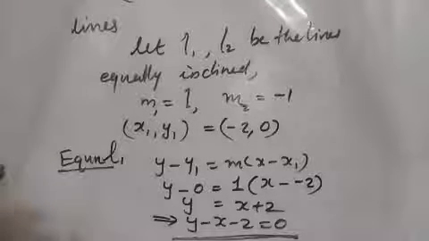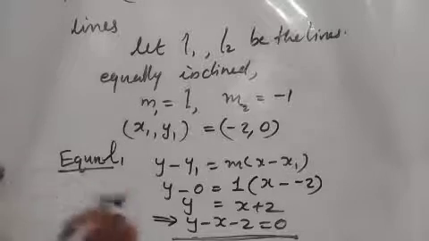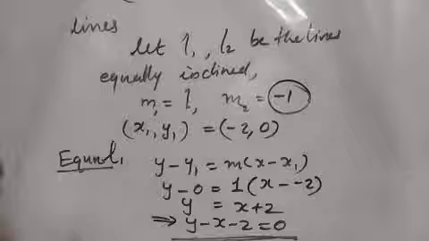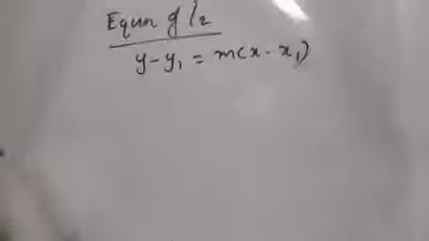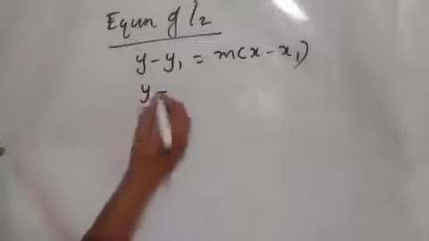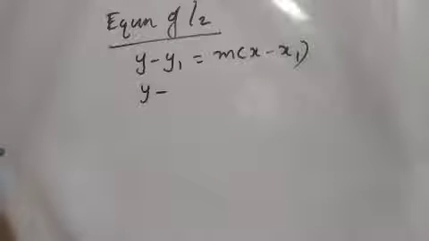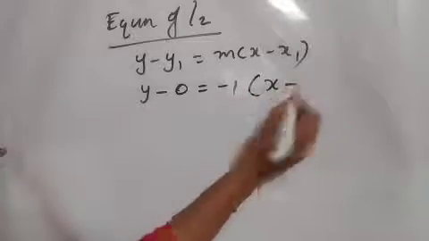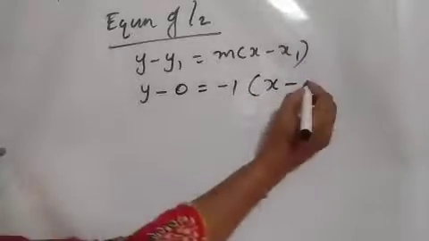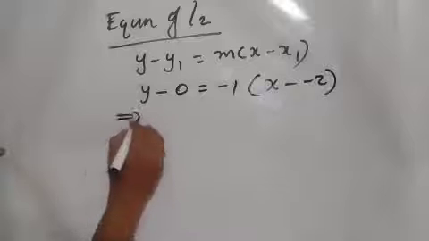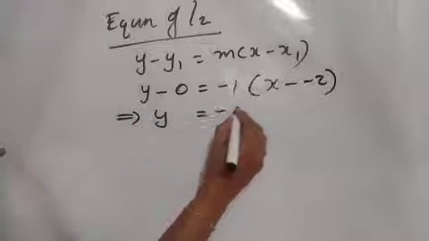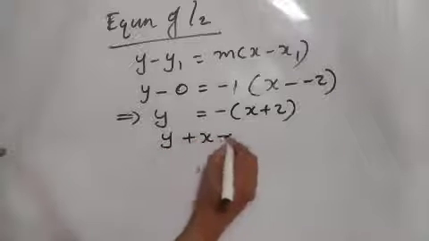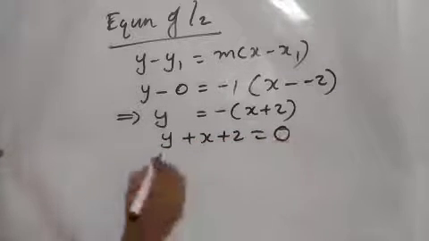Now the second line. How can we frame the second line? Take the slope as minus 1. That is the only change. Let us do that also. Equation of L2: y minus y1. What is the value of y1? 0. m is minus 1 here, into (x minus x1), minus 2, which implies y equals minus of (x plus 2), or y plus x plus 2 equals 0.